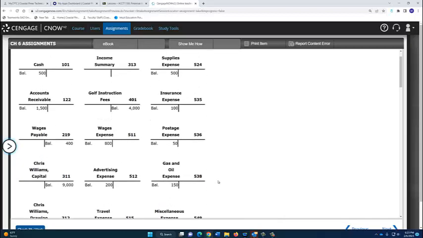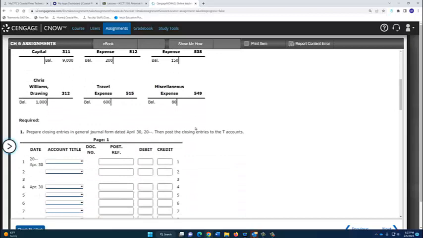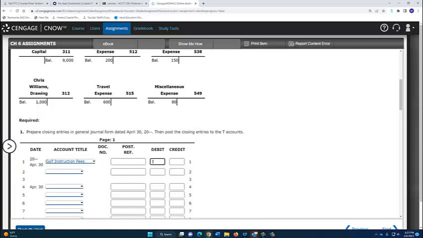So I'm going to first find my revenue because that's the first closing entry. And here's my golf instruction fees. I have a $4,000 credit, and I need to zero that out. So to zero it out, I am going to debit that account for $4,000.